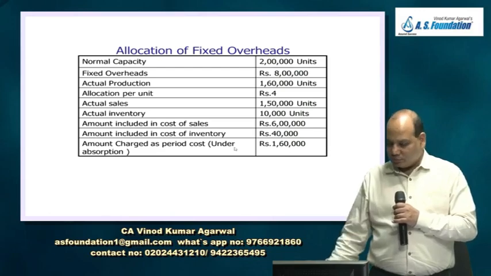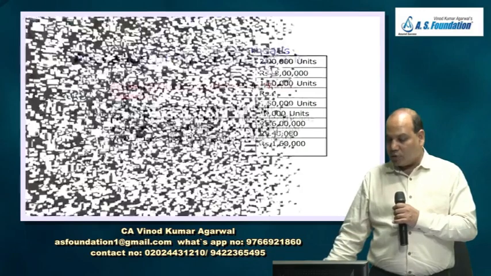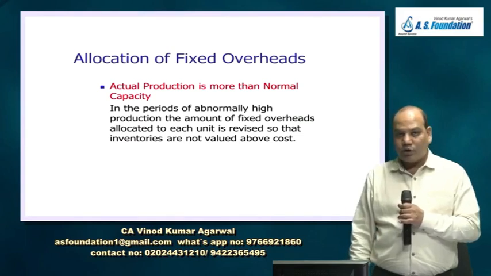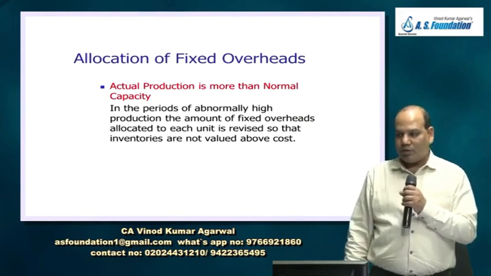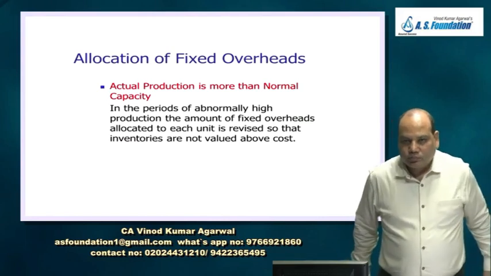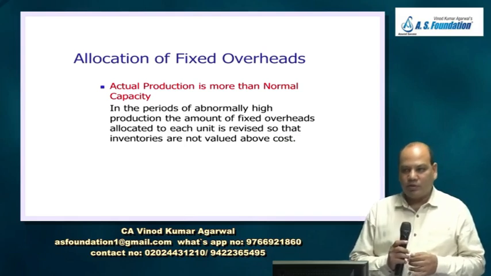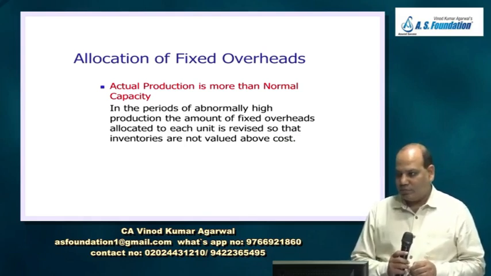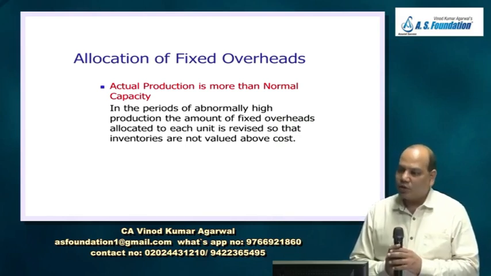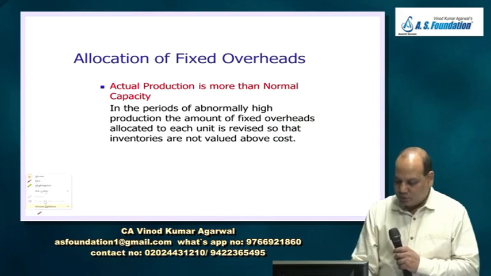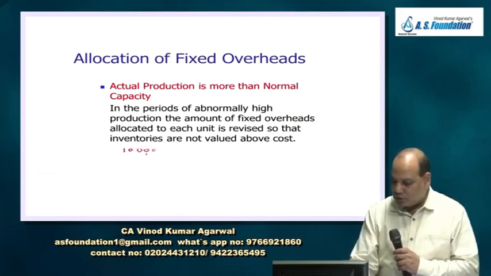Is it right? And what is the third possibility? The third possibility is your actual production is more than normal capacity. Good news. So which figure will I take now? Actual capacity. Okay, say the same example. My fixed overhead is 10 lakh.